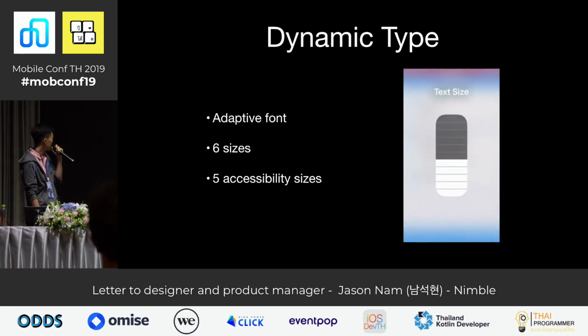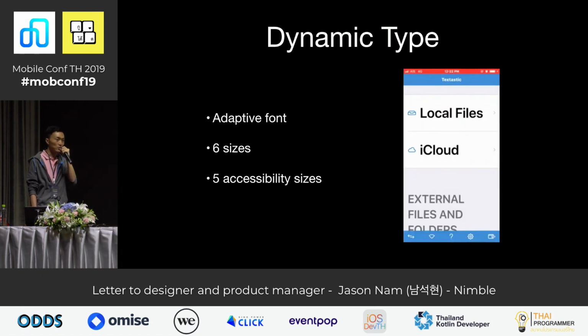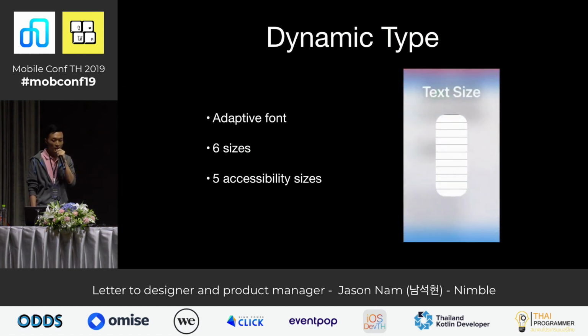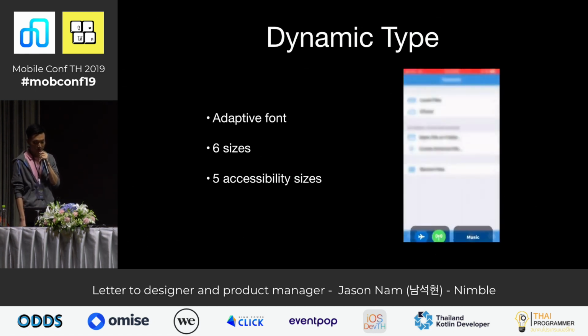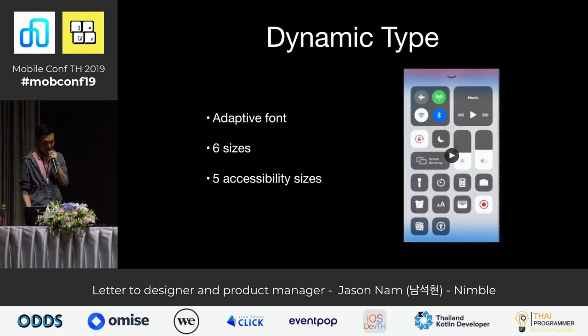There are 6 sizes and 5 accessibility sizes. So dynamic type is for accessibility options. Basically, it's user preferences, and everybody is supposed to be able to change it to their preference. As you can see, there are small fonts, and the app can have a small font or a very big font for accessibility reasons.